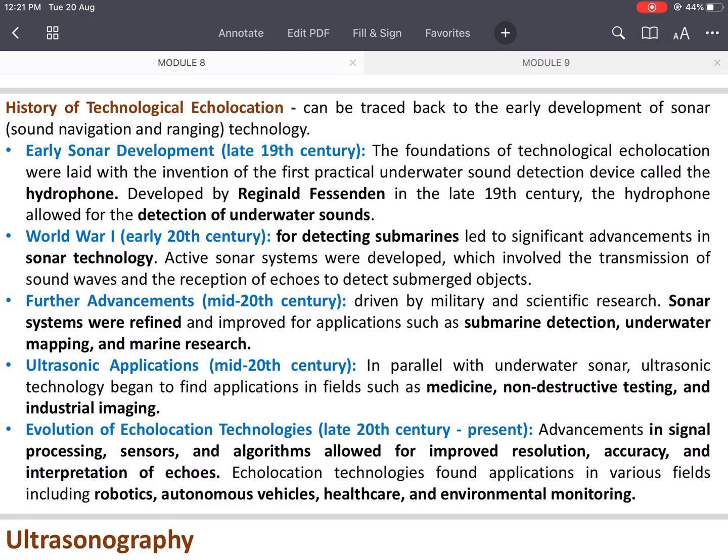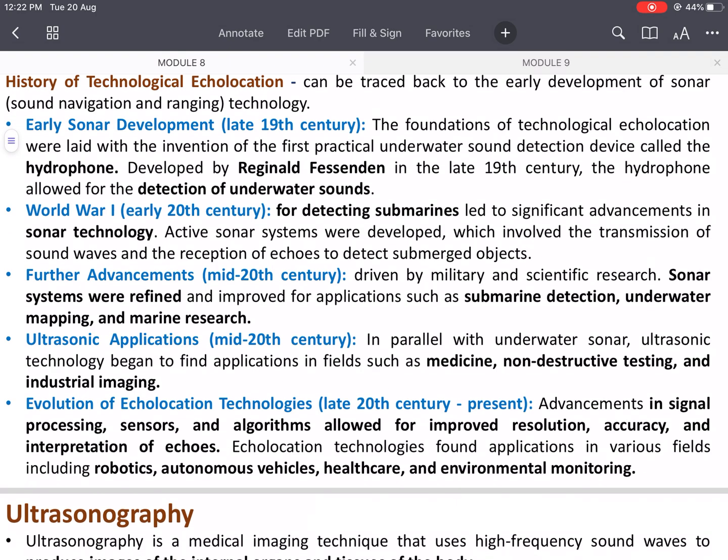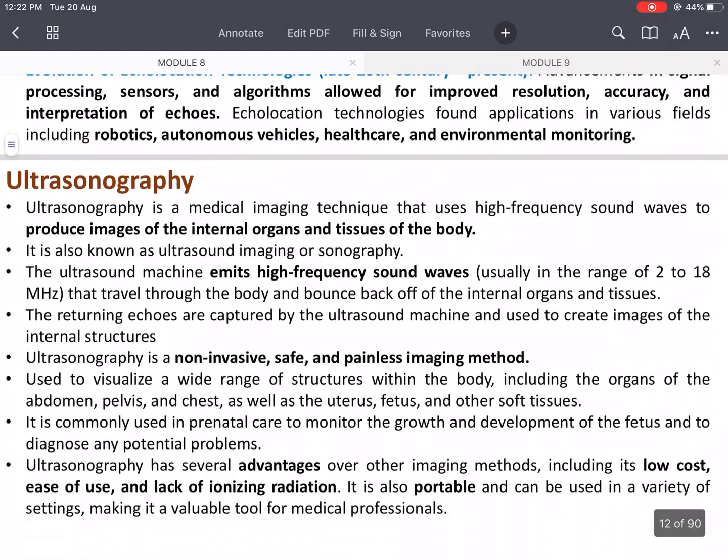In the mid 20th century, ultrasonic applications were used in medicine, non-destructive testing and industrial imaging. After the 20th century till the present day, many evolutions have been done, like signal processing, more advanced sensors, and AI and algorithms used in autonomous vehicles, the autopilot, right? In all those places we use echolocation.